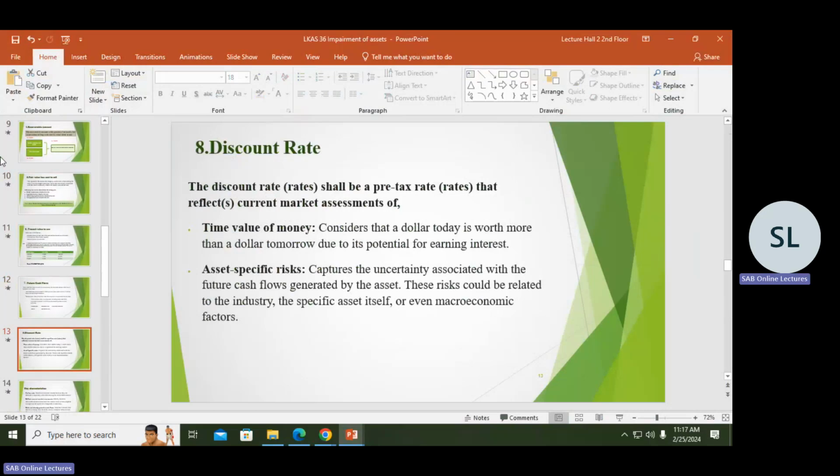The impairment of individual asset, impairment of cash generating unit, impairment with cost model, revaluation model, reversal of impairment. All that accounting aspect is covered by 1%.